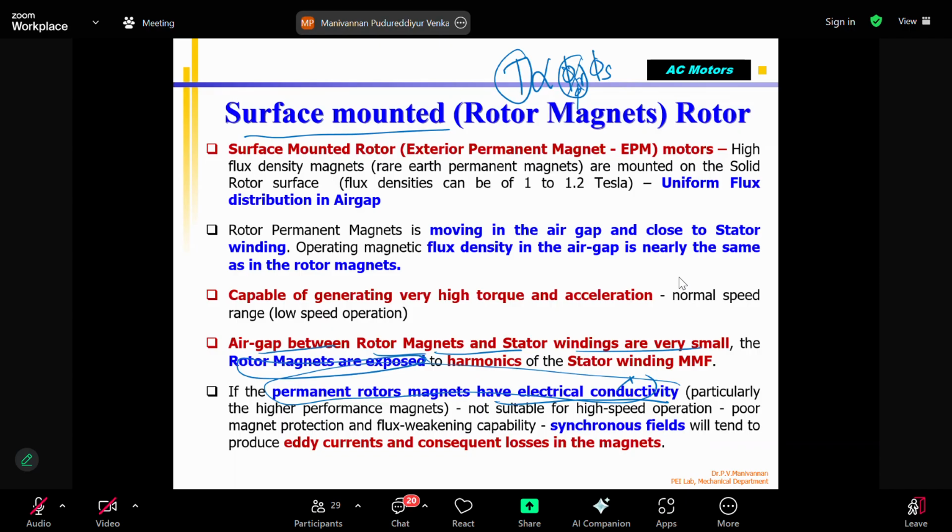The permanent magnet will lose its magnetic flux quickly, and then the torque produced by your motor will reduce. After a few years, you give a warranty for your vehicle, say a 100 kilowatt motor with 200 Newton meter torque and a 5-year warranty.